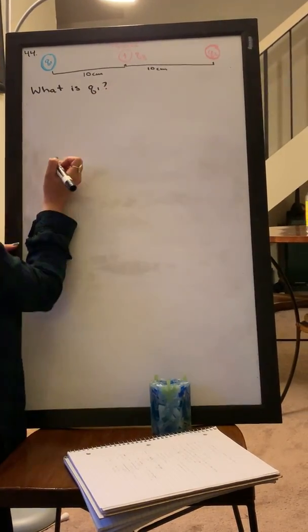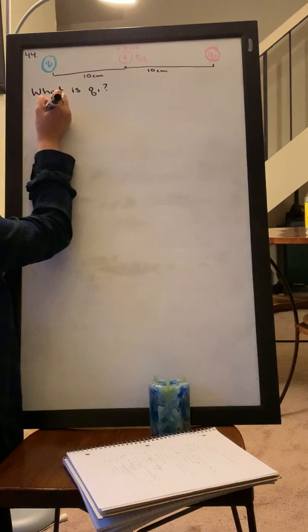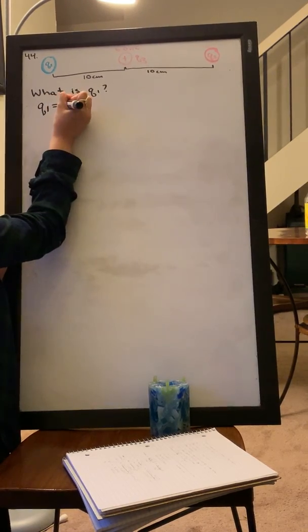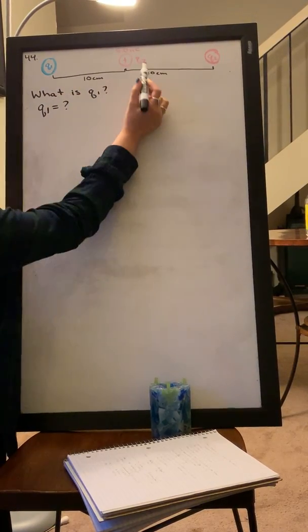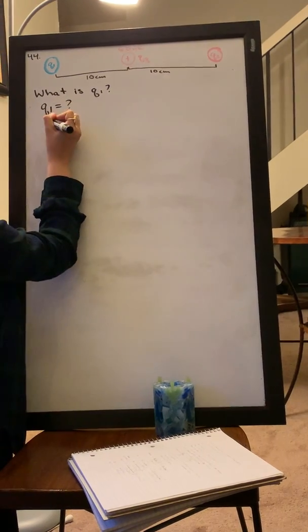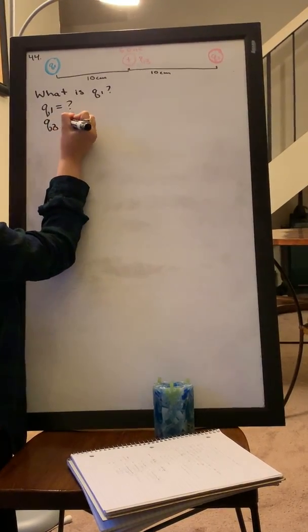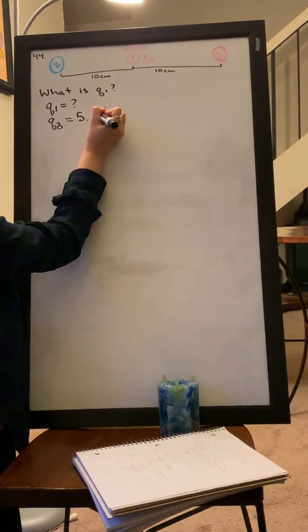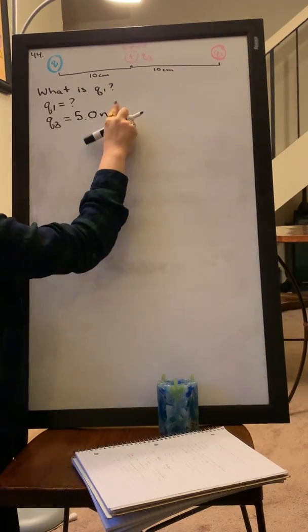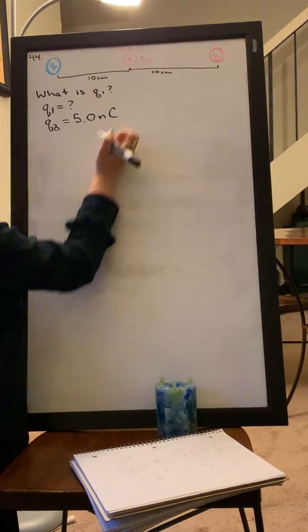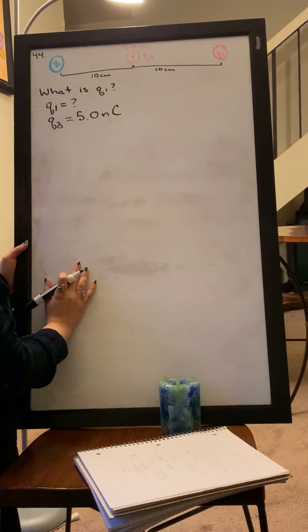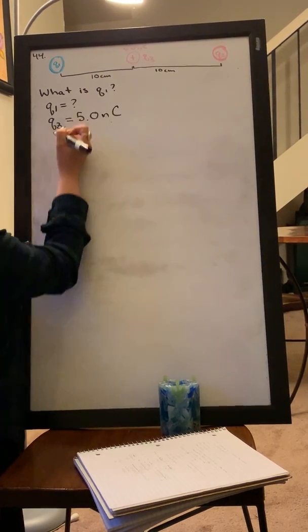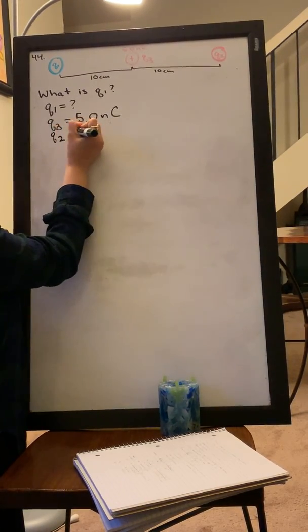Since we're trying to figure out what Q1 is, we'll do Q1 equals question mark. I've made this Q3, so Q3 is equal to 5.0 nanocoulombs, and we don't know what Q2 is, so I can write that.